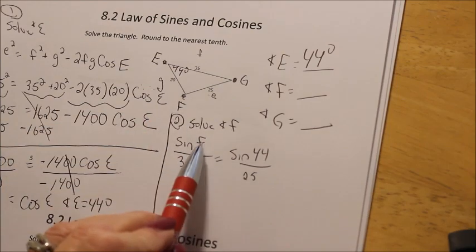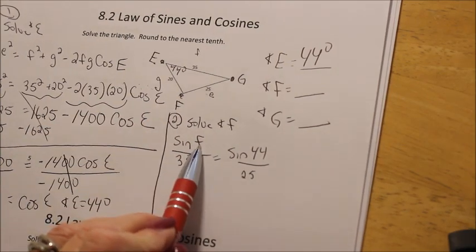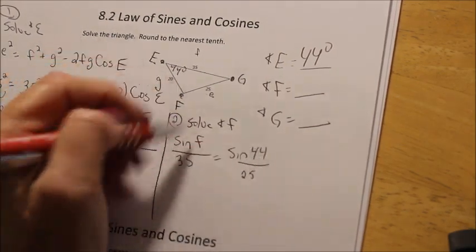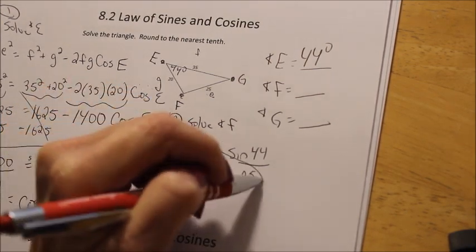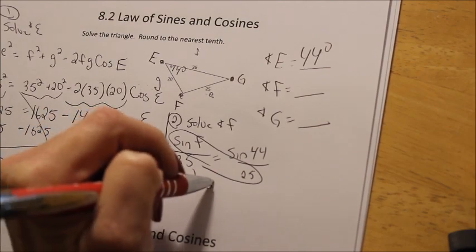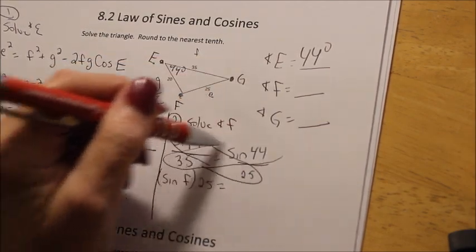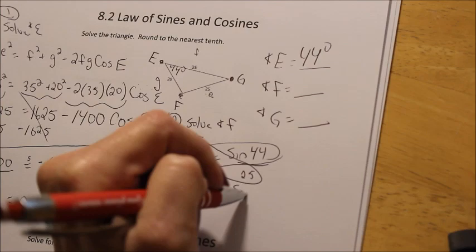Cross multiply. Now this is one where we're going to be figuring out the angle measure. So you're still going to cross multiply. So we're going to say the sine of F times 25 is equal to the sine of 44 times 35.